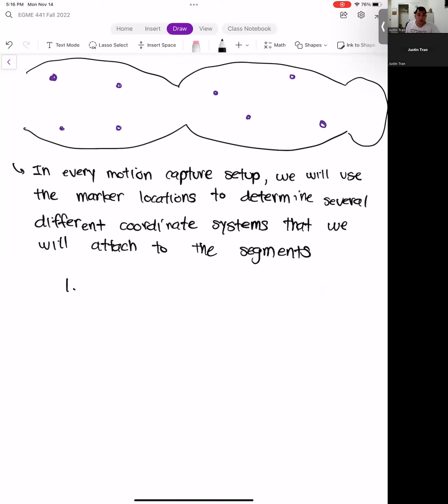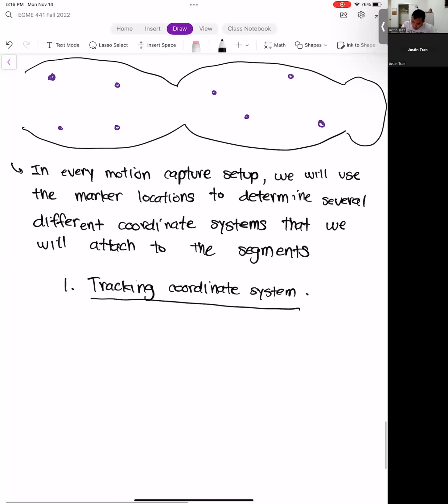The first is what we call the tracking coordinate system. Its main goal was that it was always going to be visible throughout the entire motion.